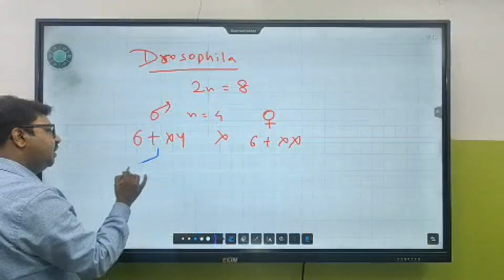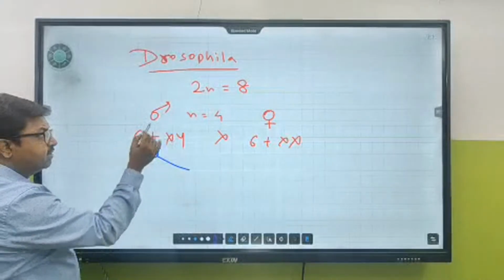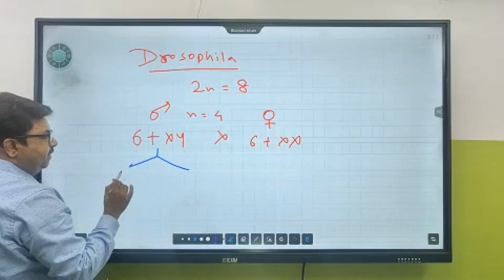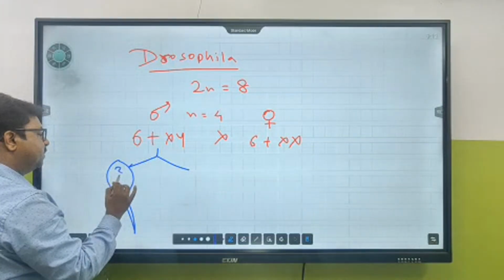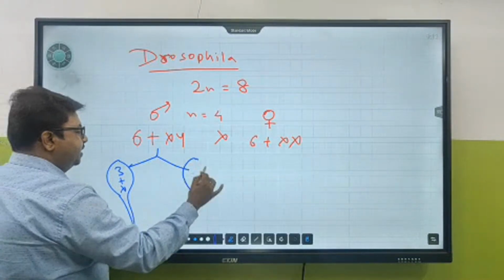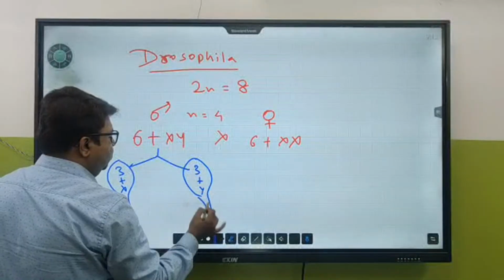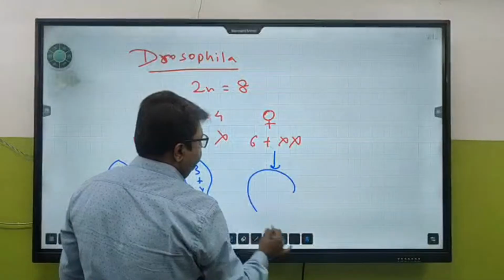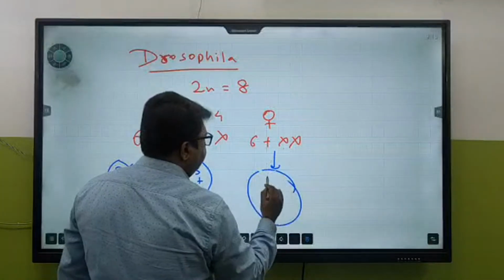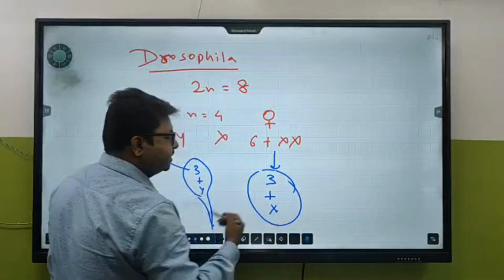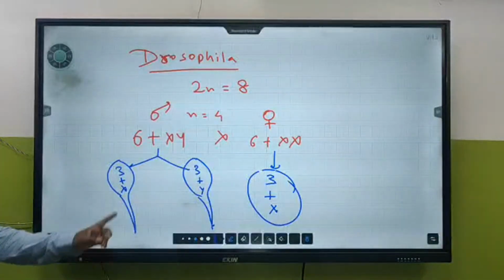How many types of gametes from this male parent? Sperm containing 3 plus X and sperm containing 3 plus Y. From this female, they are going to only have 3 plus X. Is this clear?